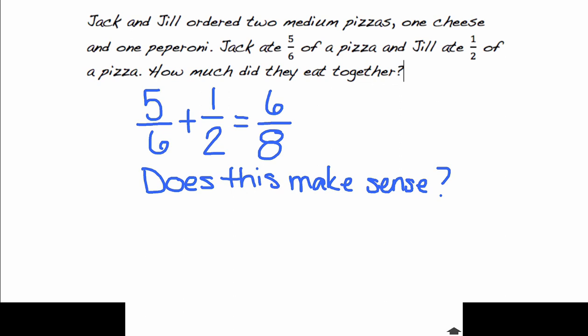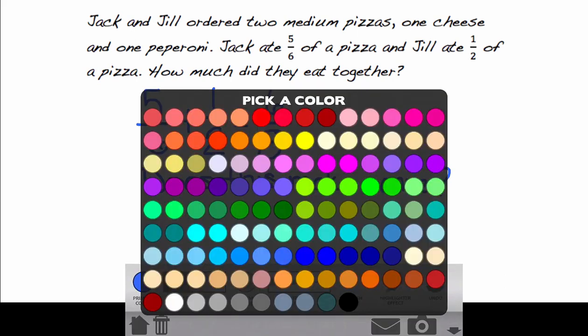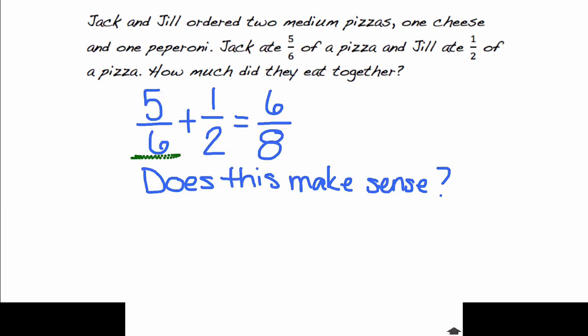So in the last section on number lines, when we were creating our number line, one of the first things that we did was we thought about the numbers we had. The number 5/6 is close to 1. Now 6/8 we know is going to be less than 1.